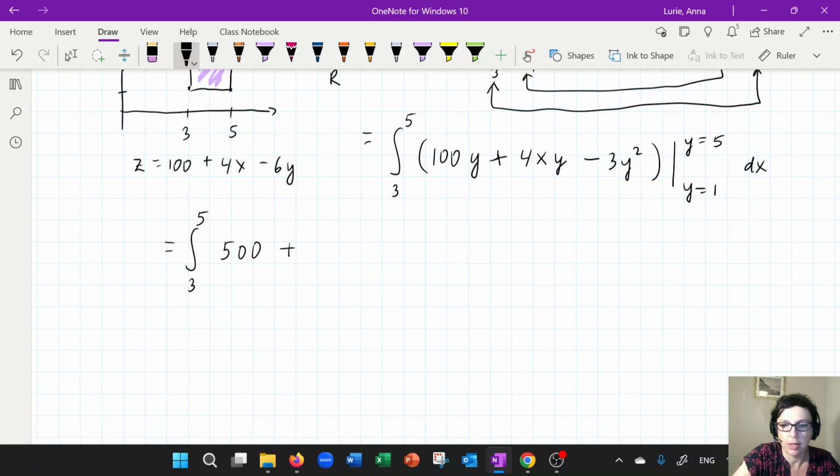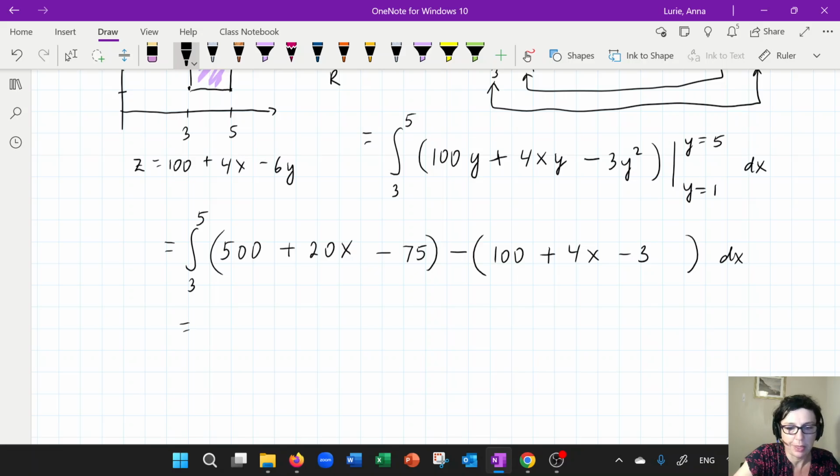And then plus 4 times 5, that's 20x, minus 3 times 5 squared, well, that would be 75. Okay, so I substituted the 5. Now I'm going to subtract parentheses. Now I'm going to substitute 1. So this will be 100 plus 4x minus 3.